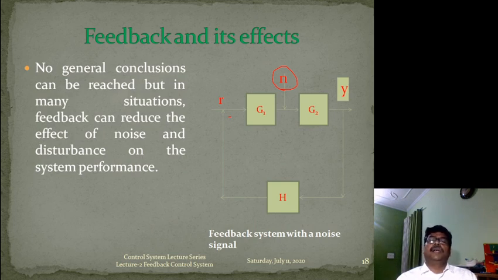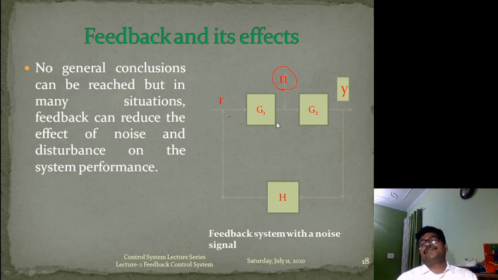As in this block diagram, you can see that in the forward path we have two blocks having gains G1 and G2, and the feedback path having a gain of H, input is R(s) and output is Y(s).